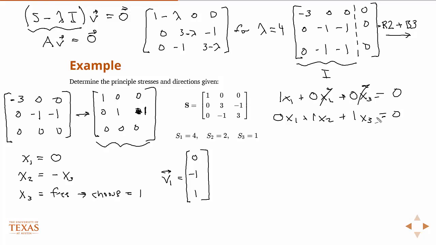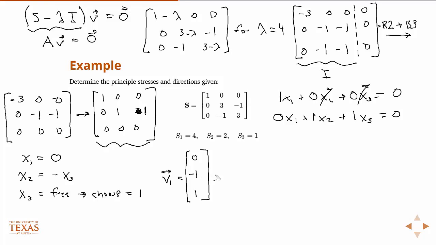Again, we may choose to make this a normal vector so we could compare our answer with, say, MATLAB. If we do that, then we want to divide these by the magnitude. The magnitude would be the square root of minus 1 squared plus 1 squared, or 2.